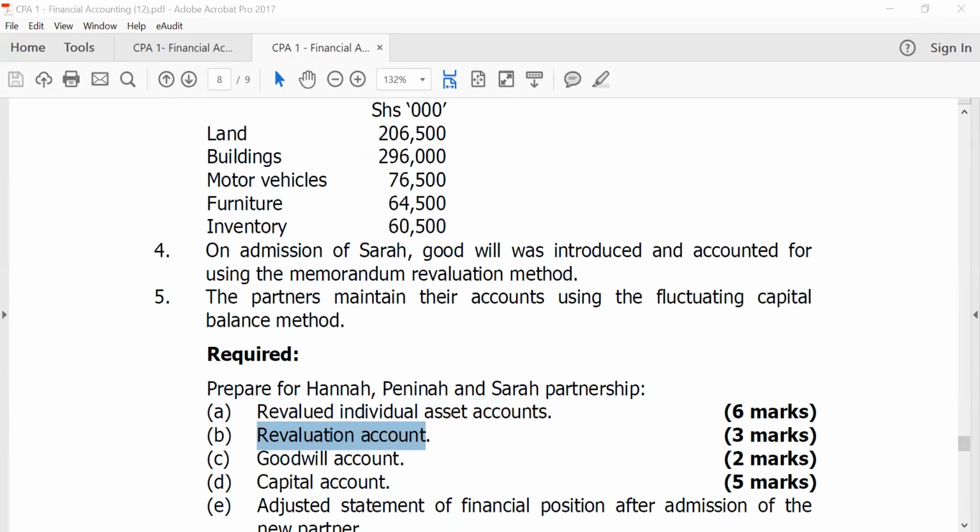Of course, one thing that you need to understand is the revaluation account is usually balanced off. And we usually get what we call a net gain or loss on revaluation. Just as we have taken that amount into the revaluation account, you're going to have the total revaluation, so that will be more of a gain or loss on revaluation.